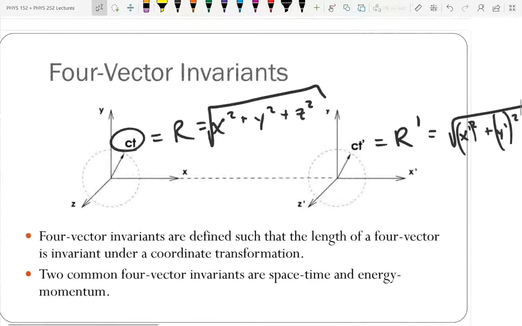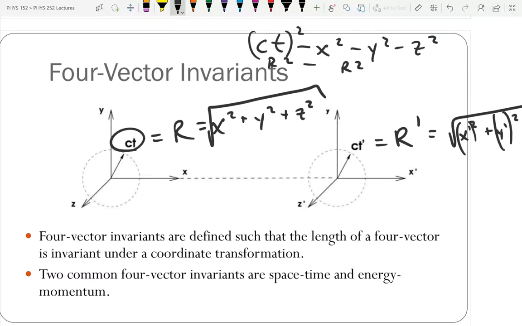So this gives us a relationship between time and position, and we can make a very easy 4-dimensional invariant. If we define my invariant as ct squared minus x squared minus y squared minus z squared, that's r squared minus r squared, right?